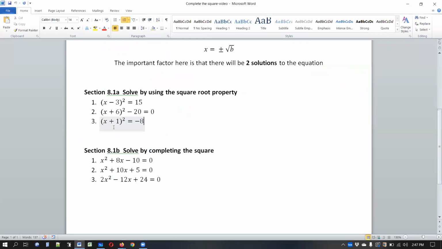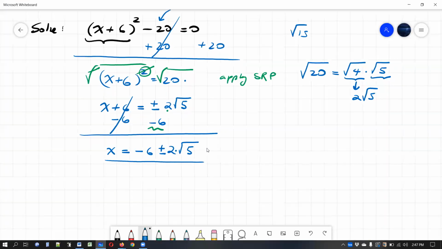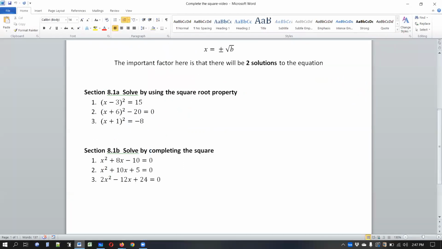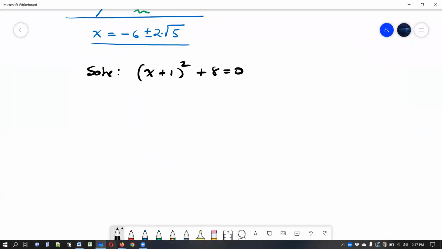Okay, last problem. x plus 1 squared equals negative 8. So this is an important problem. Again, solve x plus 1 squared plus 8 equals negative 8, but it's the same thing.